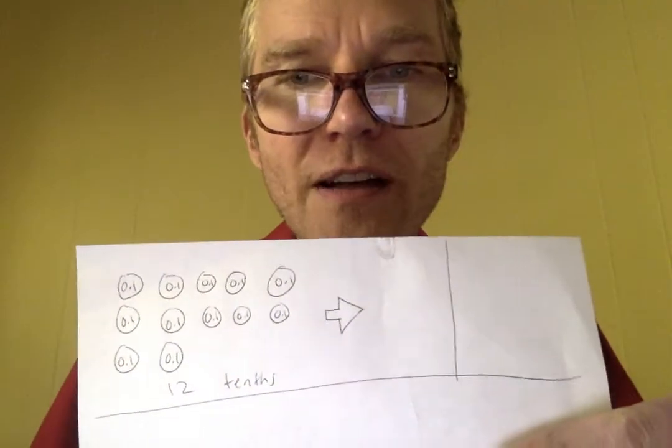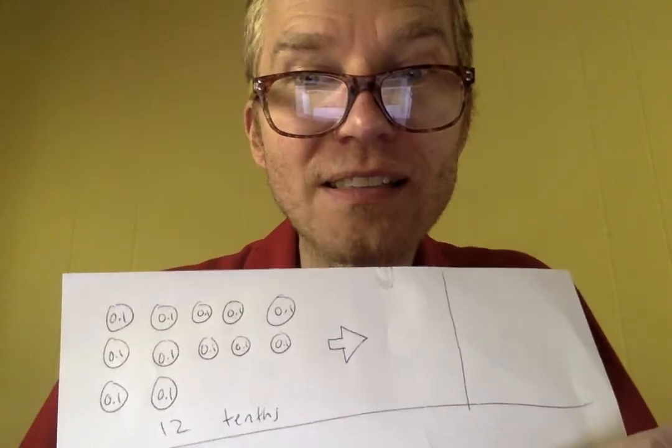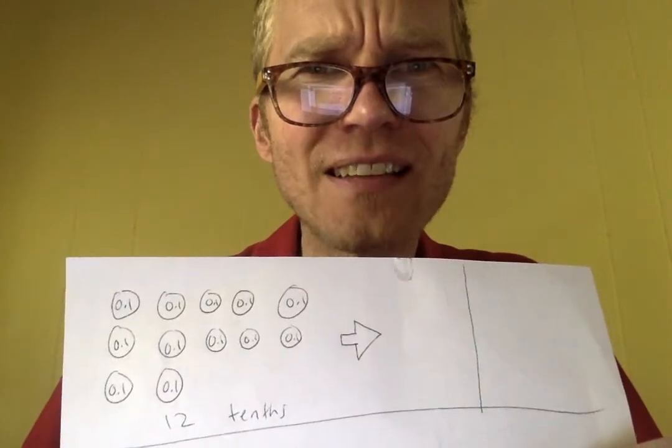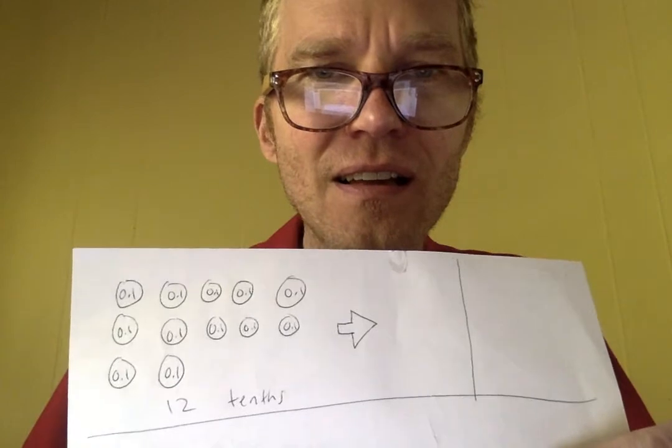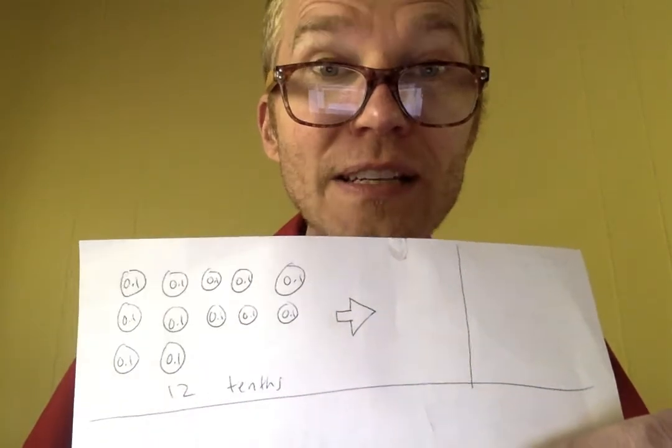Last but not least, you might see something that looks kind of like this, where they say, hey, we've got 12 tenths. 12 tenths? That's more than 10 tenths. Put that into decimals, they say.